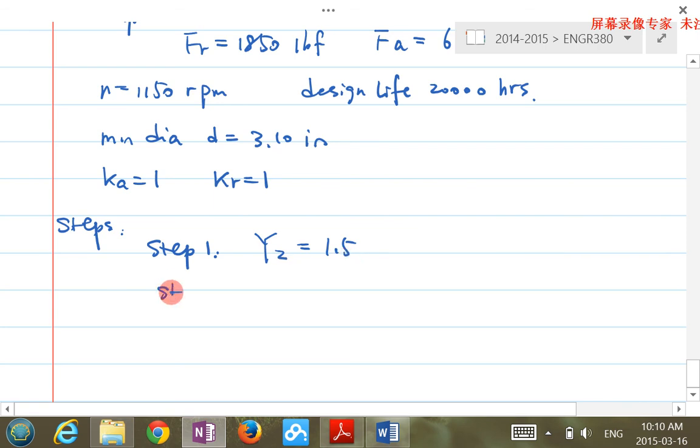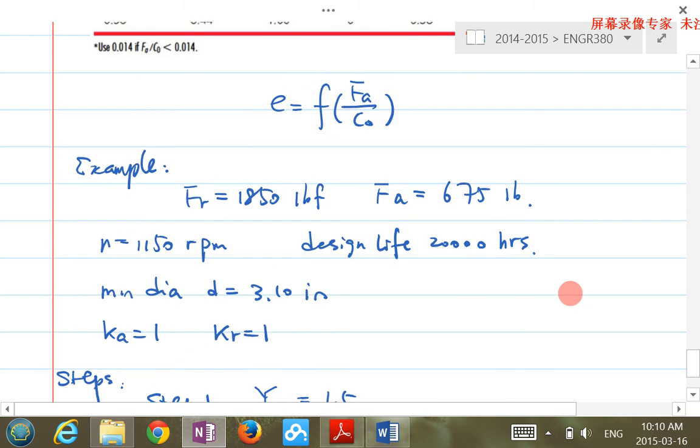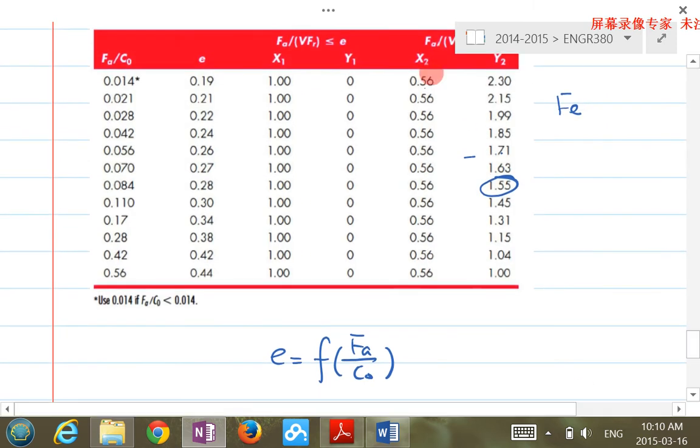So then step number 2. Once you have Y2, you will be able to calculate the equivalent load Fe. Fe equals X2 times V times Fr plus Y2 times Fa. V, for a rotating inner ring, is 1, and X2 is 0.56, from the table here. X2 is always constant.